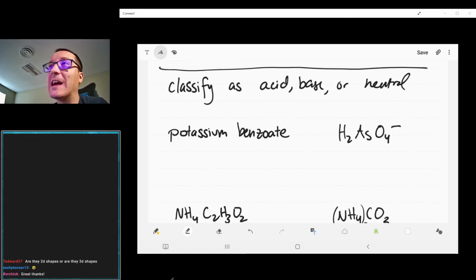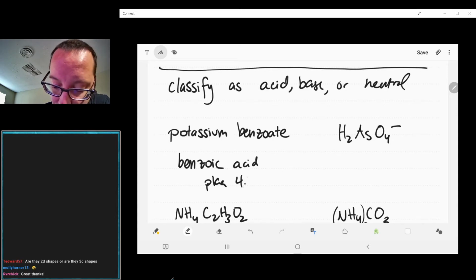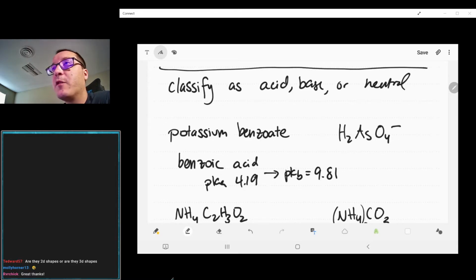So benzoic acid does come from benzoate. So benzoic acid has a pKa of 4.19. Which means that the pKb will equal 9.81 for the benzoate ion.